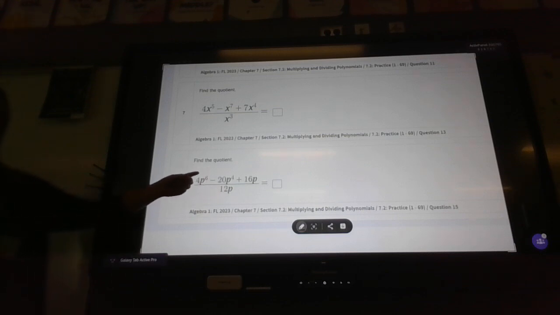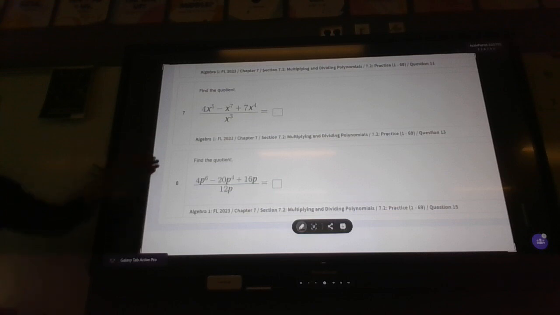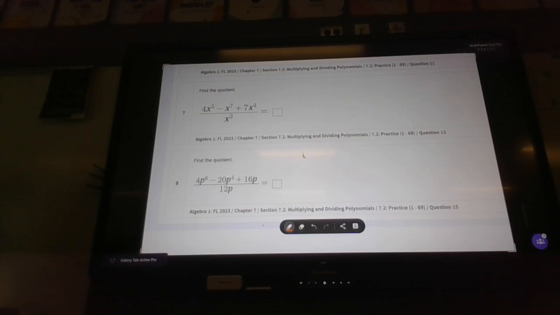It's higher than the number up here. So it's not going to reduce this easily. Okay, so we're going to cross out p's. But no, the 4 and the 12 aren't dividing well.